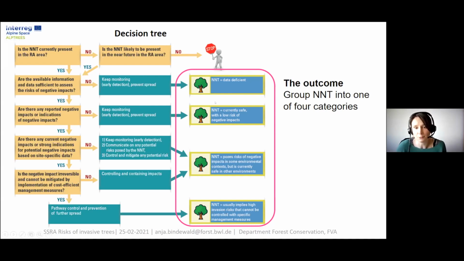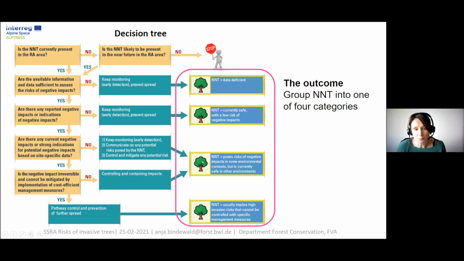You might also come up with the result that the non-native tree species, based on the current knowledge, seems to be a currently safe species with a low risk of negative impacts. You might still recommend to keep monitoring this tree species.